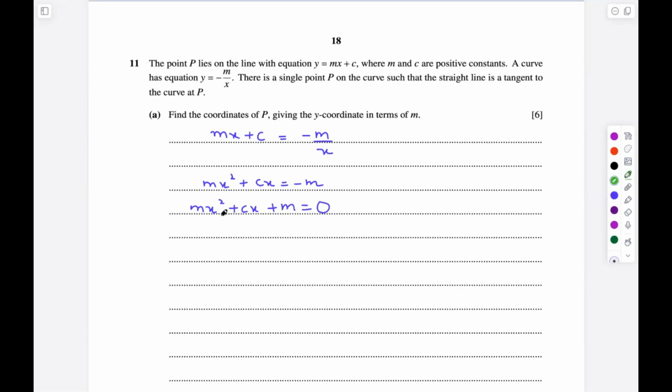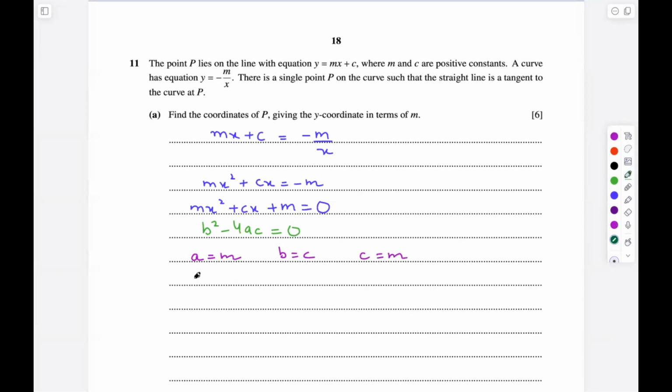Now, as there is only one point of intersection, it means we can apply b squared minus 4ac equals 0. The coefficient of x squared is m, so a will be equal to m. The coefficient of x is c, so b will be equal to c, and the constant term is m, so c will be equal to m.